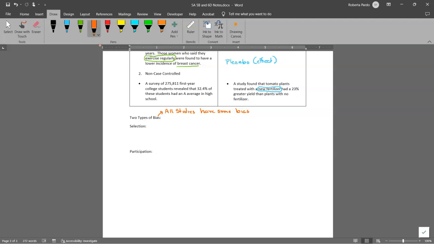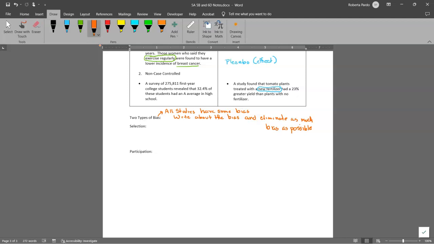But the most important thing is that we write about the bias and eliminate as much bias as possible. And then we have a sound statistical study. So just recognize that all studies will have bias. We can never eliminate all bias.